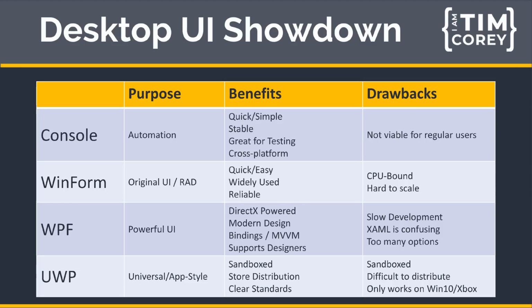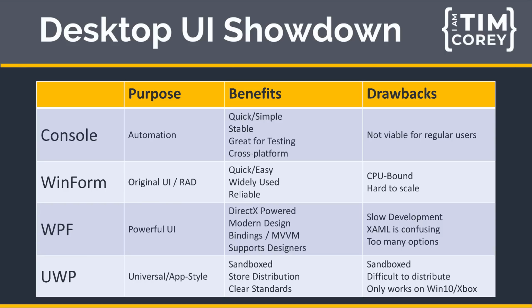And then you have three options: console, WinForm, and WPF. Now, the normal thing is to ask what's the latest and greatest, and use that. And that would be WPF. In a lot of cases, that will be a good solution. But I would encourage you not to look at it as the only option.